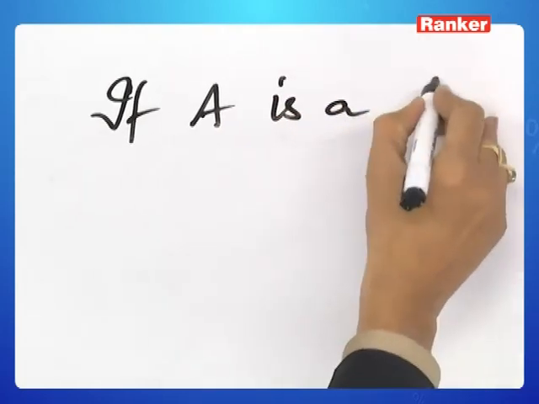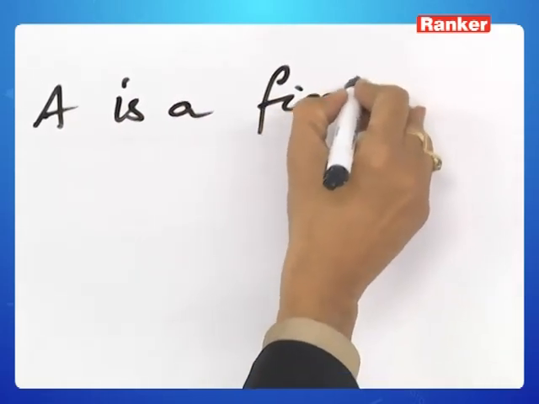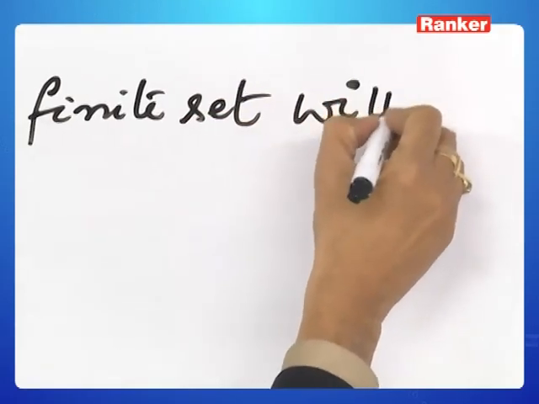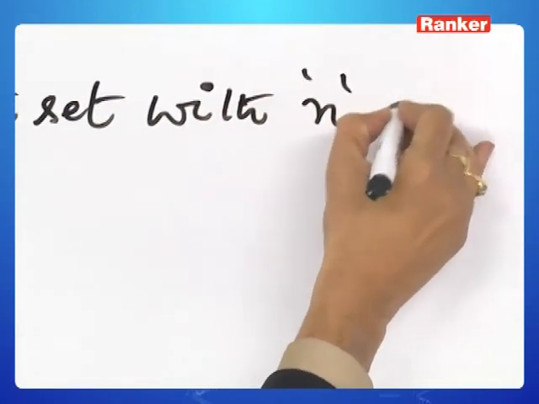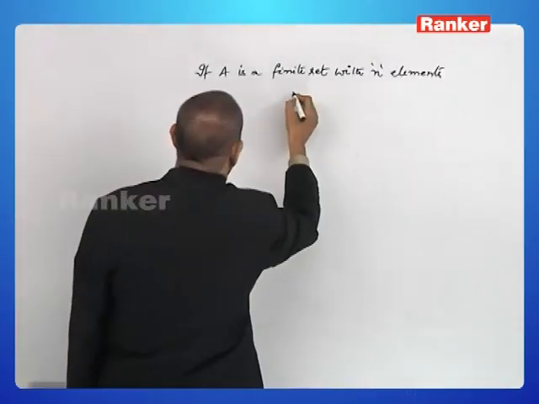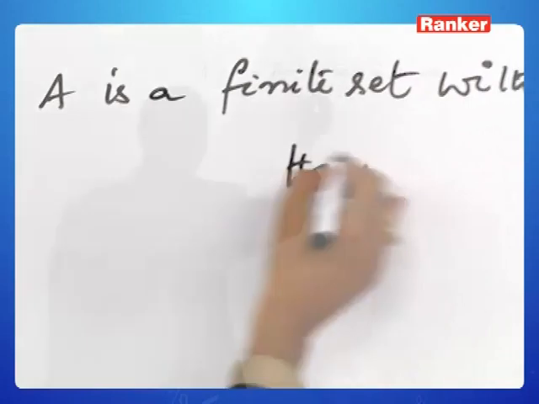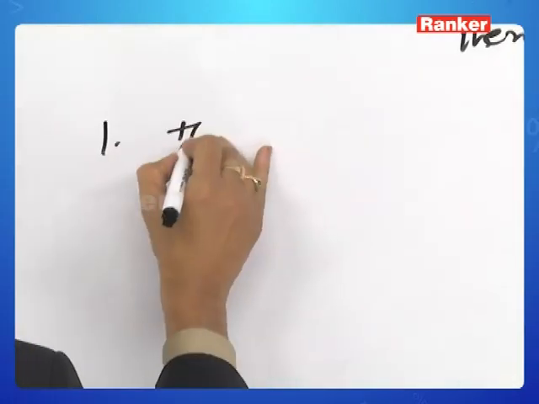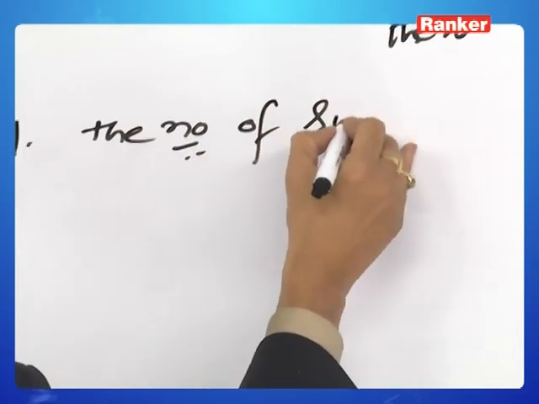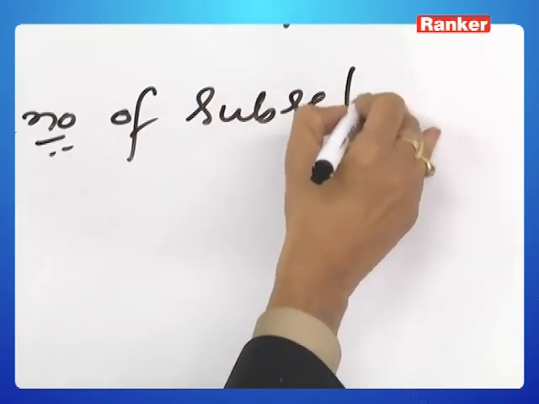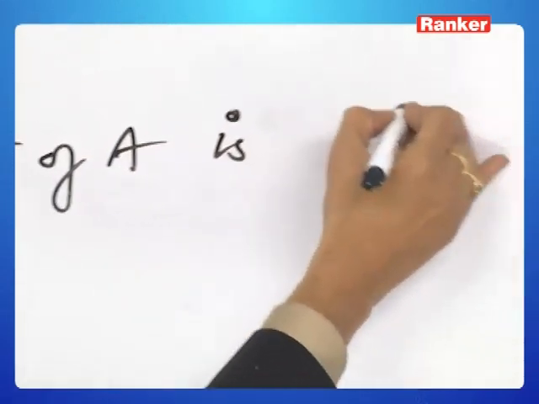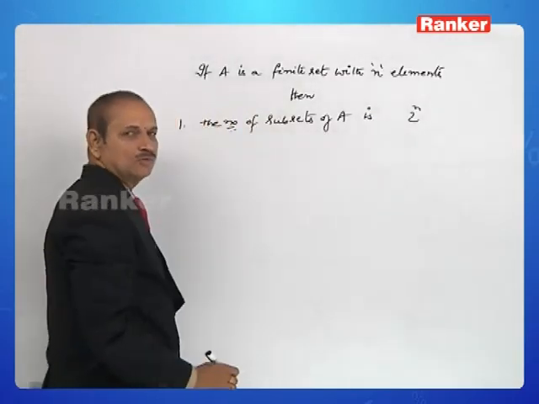If A is a finite set with n elements, then the number of subsets of A is 2 power n.